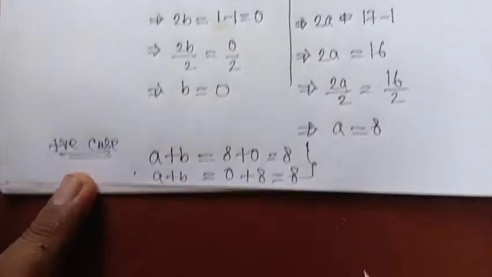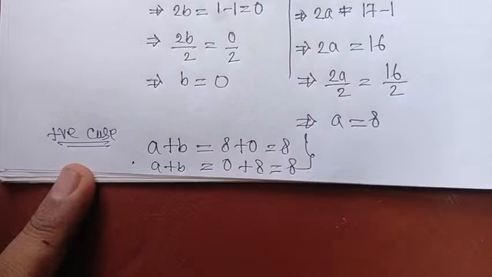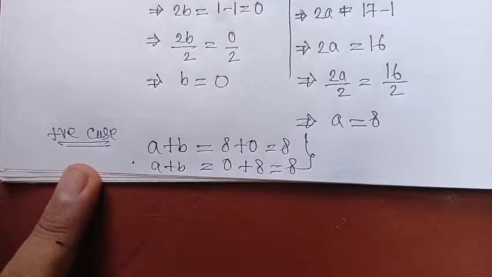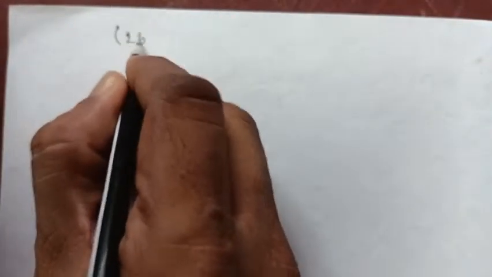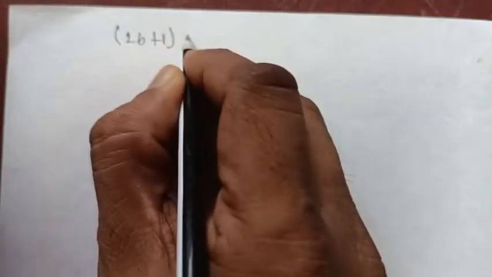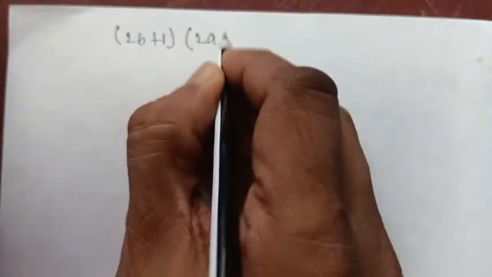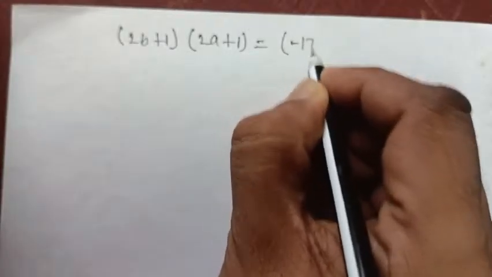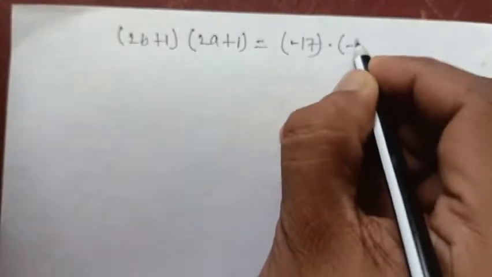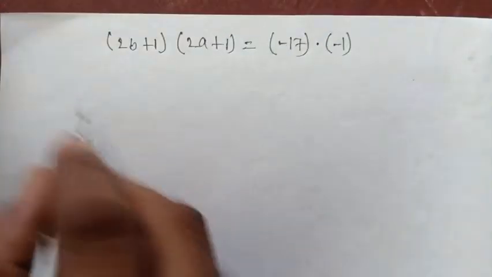So for both these cases it will be 8. Now if we consider the minus cases, like 2b plus 1 and 2a plus 1 equals minus 17 into minus 1.